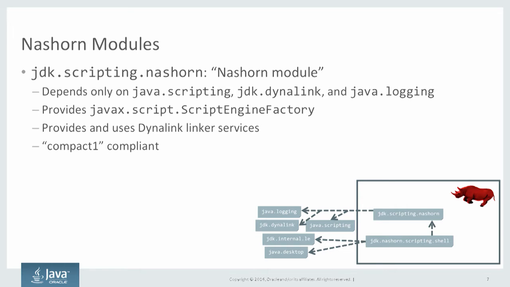The dynalink module is sort of special because it initially was part of the Nashorn implementation itself, but then was taken out and placed in the JDK as a separate dedicated module. Dynalink is also exposed from the Nashorn runtime module so that it can be used for interaction with other language implementations if need be.